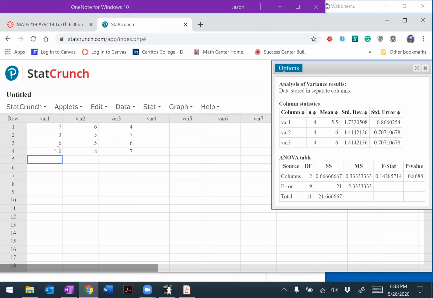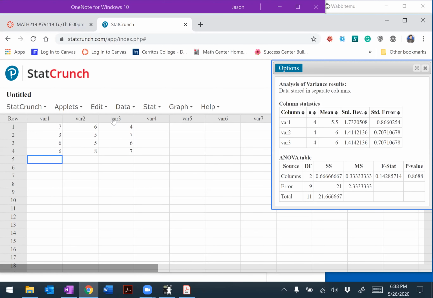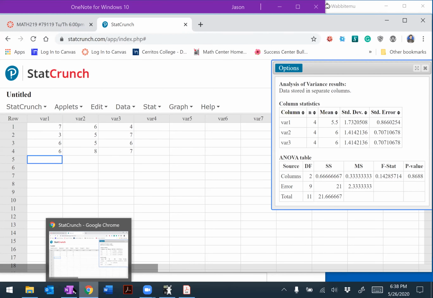Well, that's 12. I have 4 times 3, which is 12 pieces of data. That's going to be n, the sample size: four pieces of data in 3 samples, so 12 total pieces of data.